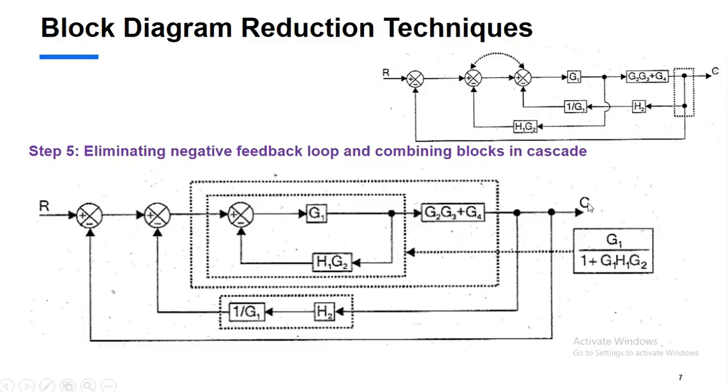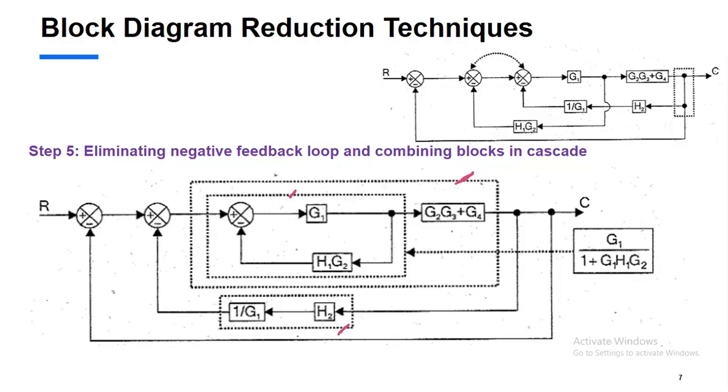So if you see, the diagram becomes like this. Because of the interchanging, you can get a negative feedback 1. After solving that, these two blocks are in cascade or in series, and these two blocks are in series.